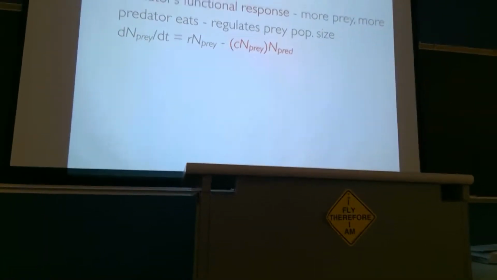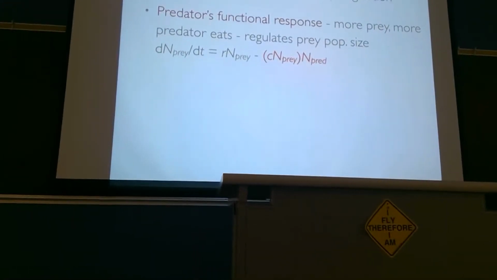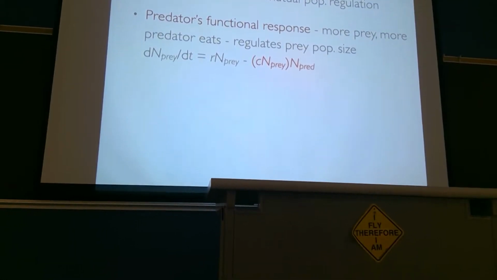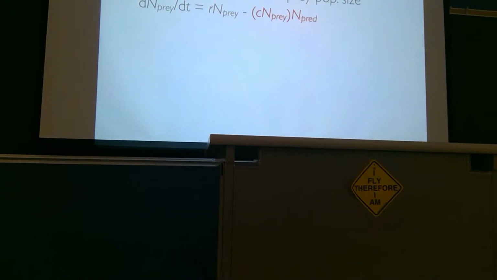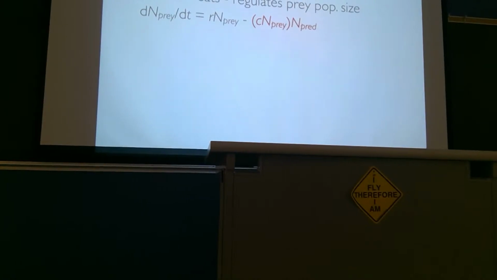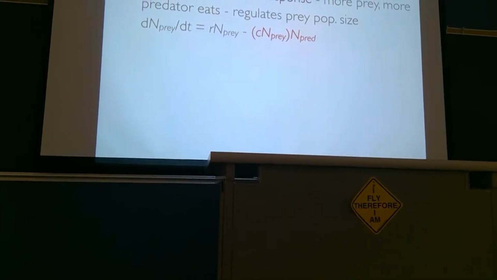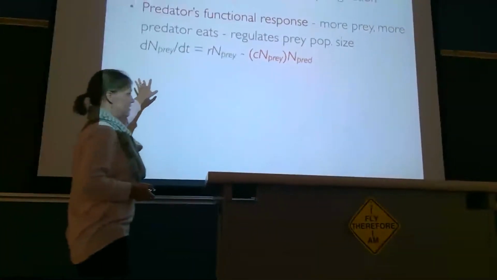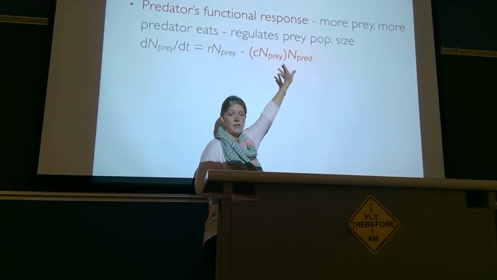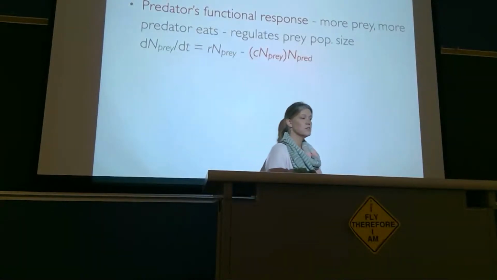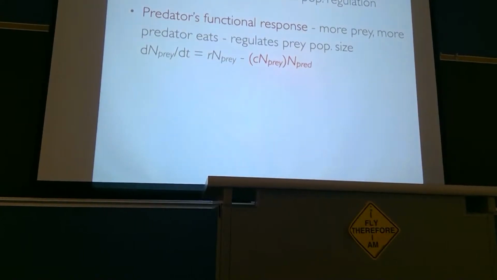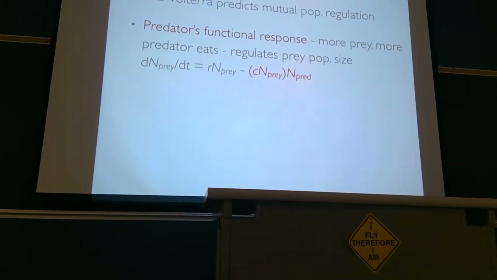The functional response is that the more prey there are, the more the predator eats. It does its functional job of eating prey. This then serves to regulate prey population sizes, just like we saw with the wasps and the moths in our last example. Again, this effect on prey is a factor of the predator population size and their capture efficiency, as well as the prey population. It predicts a linear interaction between prey and predators: the more prey there are, the more predators there can be.